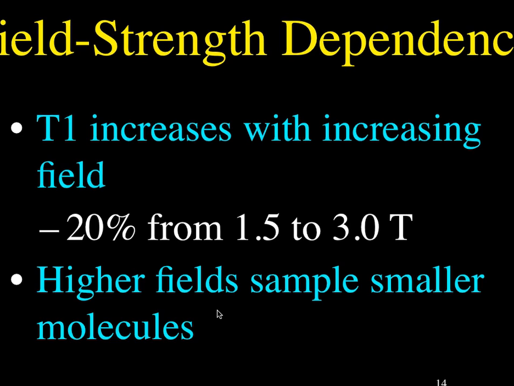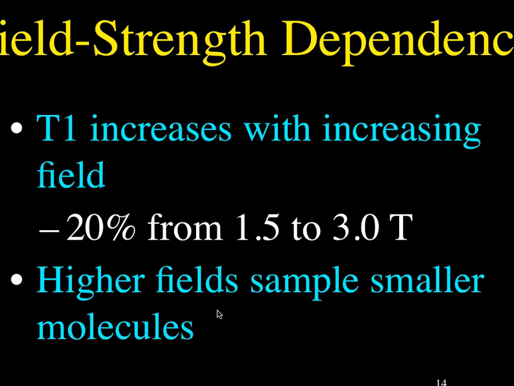For the z component, going from one energy level to another, the energy that the spins need to make that transition comes from the vibration of the other molecules around them. And as you go to higher and higher frequency, this transition becomes more efficient if you're dealing with smaller molecules.